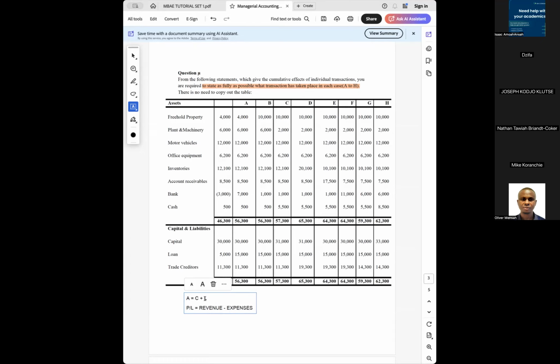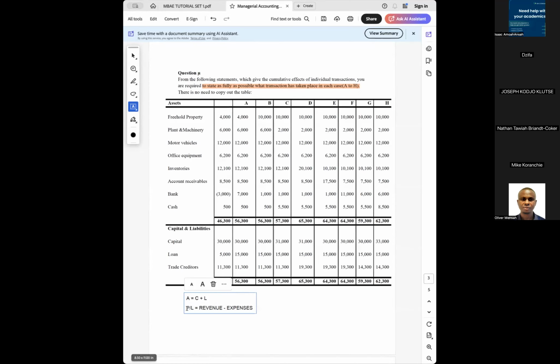Okay, what do we mean? We're saying that the business will generate profit when there is more revenue, or when the business generates a revenue, then it's likely profit will rise. And if profit is going up, it means capital too will increase.